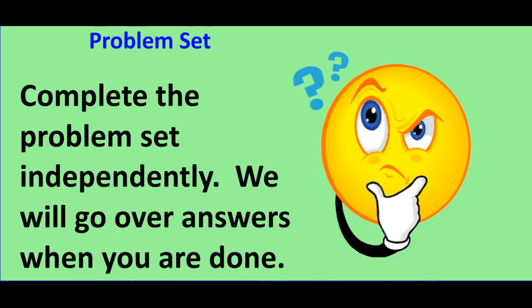I want you to go ahead and take out your problem set so we can get started on that. Okay, it says to use the RDW process to solve each problem. Use a letter to represent the unknown. So we're going to be using a letter to represent what we're trying to find in the problems that we're working on today on the problem set.